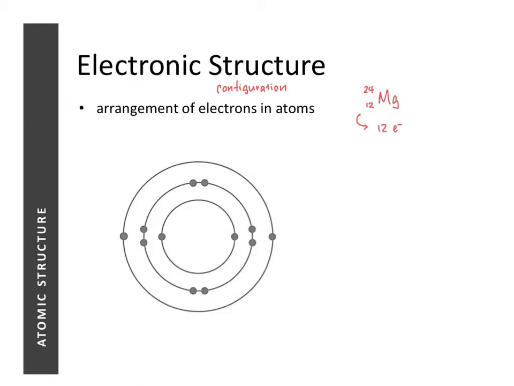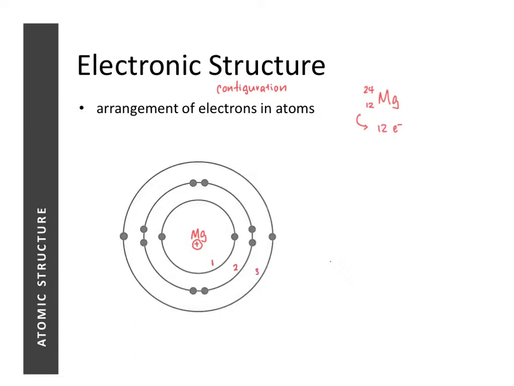So for example, magnesium. At the center you find the nucleus, which contains protons and neutrons, so your nucleus is essentially positively charged. The shell that is closest to the nucleus is shell number 1. The next outer shell is called shell number 2, and then the next outer shell is called shell number 3.